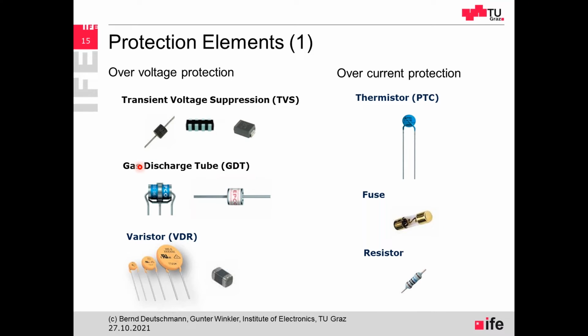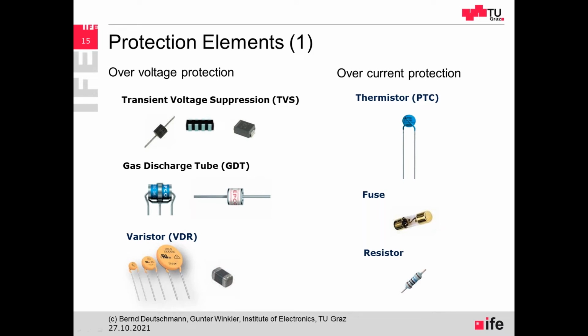There are so-called gas discharge tubes. Usually they are not that good for small electrostatic discharges, as I've explained before, these HBM, CDM models, for example, but they are very often used for big electrostatic discharges, like protecting against lightning strikes. And there is a big variety of so-called varistors. For example, these ones are also provided by Würth Elektronik in this package, and there are also varistors in an SMT package.